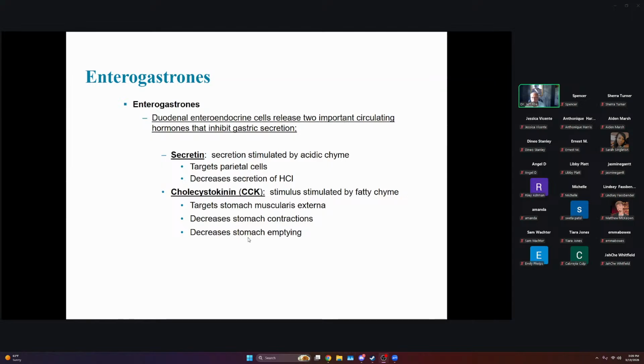It's going to slow down the emptying of the stomach itself, so there's more time for further digestion, reducing the ratio of fat in the chyme. All right, so that's what these hormones do and where they emerge.